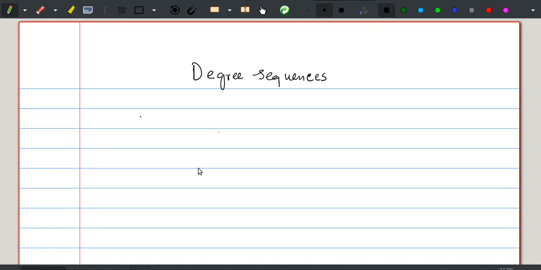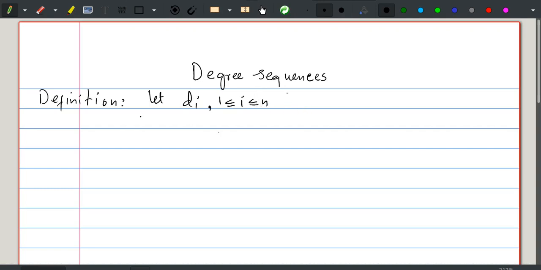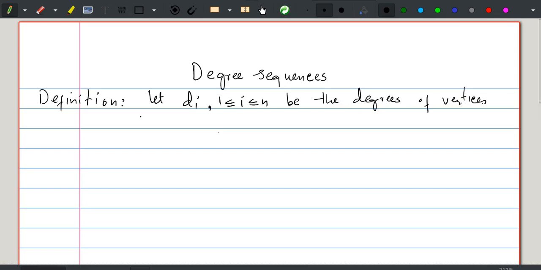So let us define a degree sequence. Let d_i, where 1 is less than or equal to i is less than or equal to n, be the degrees of vertices v_i of a graph G, in any order.